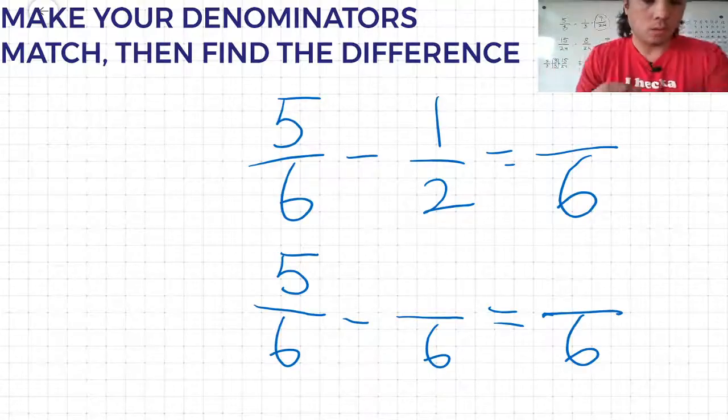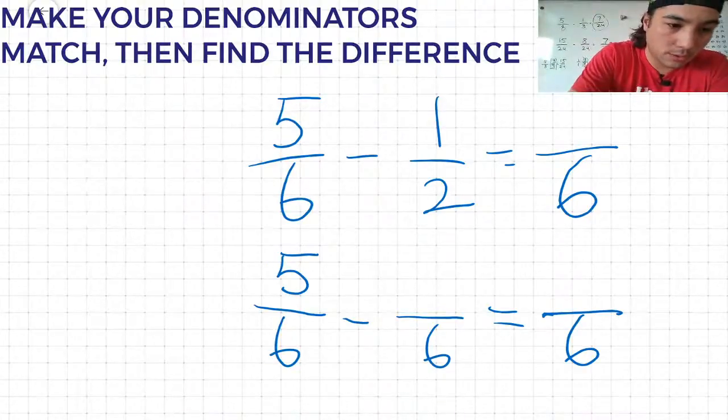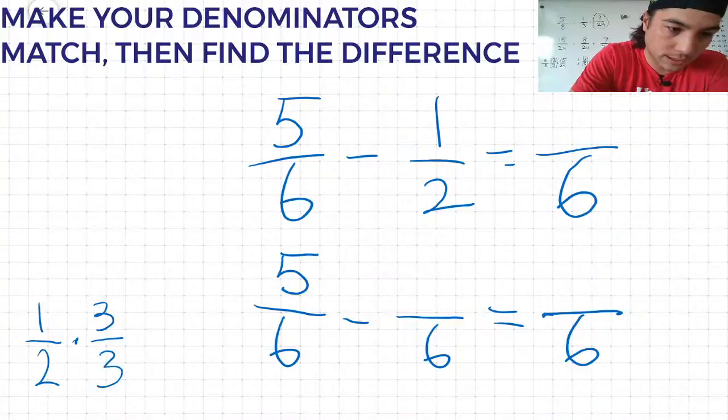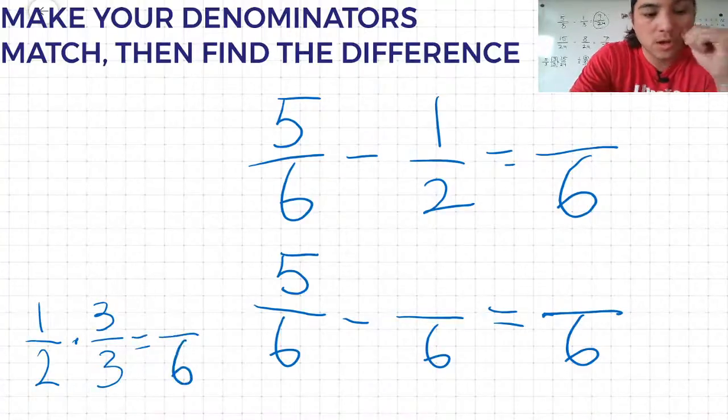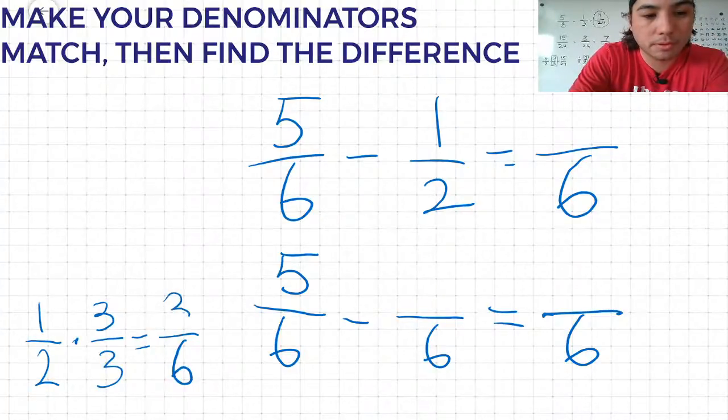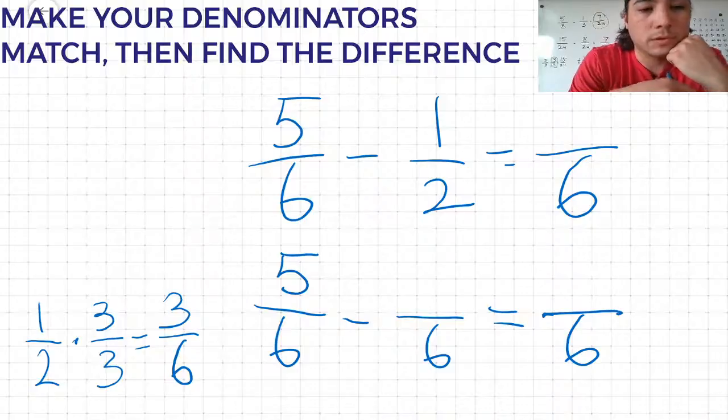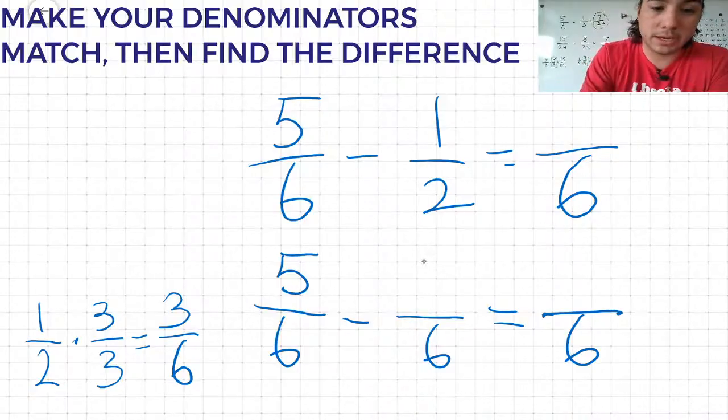So what we'll do here is do 1/2 times 3/3, because that's going to get us our sixths, equals 2 times 3 is 6. 1 times 3 is 3. So we end up with 5/6 minus 3/6.